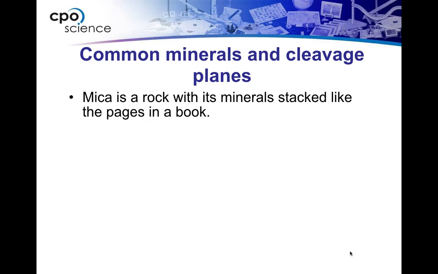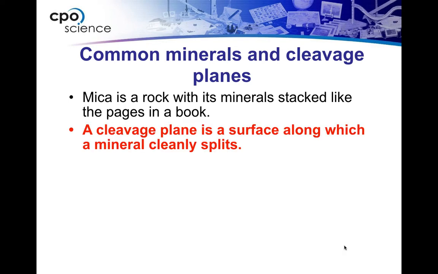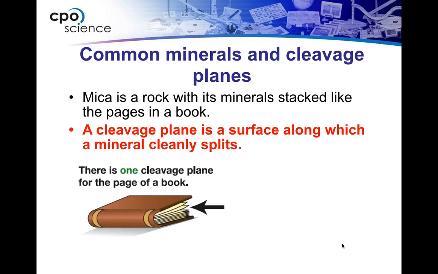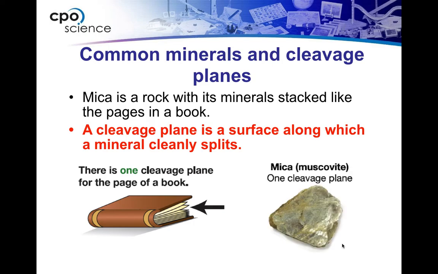Another characteristic we can look at with the minerals is what's called their cleavage plane. So some minerals, when they break, break into nice, smooth planes. When they do that, we say that the mineral displays cleavage. So a cleavage plane is a surface along which a mineral cleanly splits. If a mineral does not do that, then we say it does not display cleavage. The mineral mica is a beautiful example of a mineral that displays cleavage.